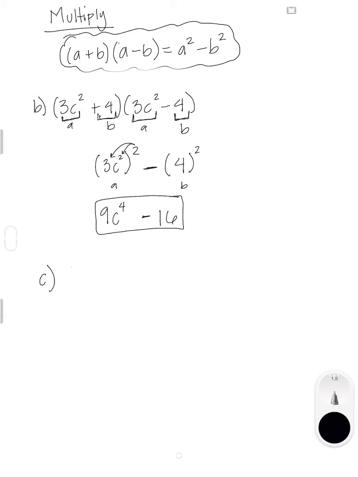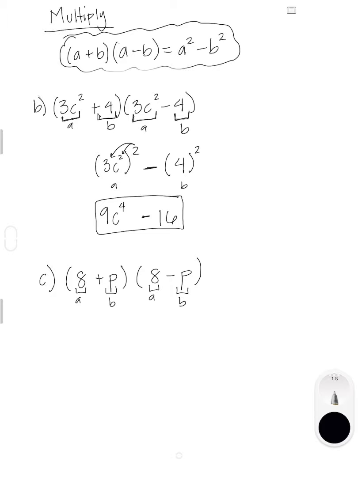Okay, let's try one more. We have 8 plus p times 8 minus p. So 8 will be our a term and p is our b term.